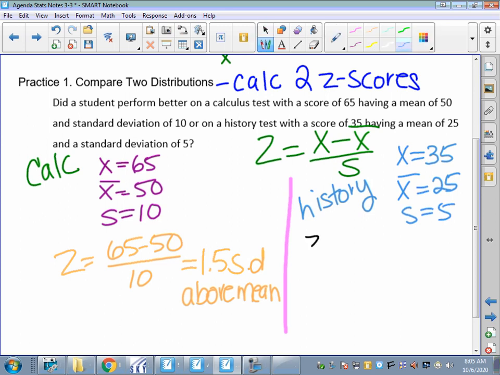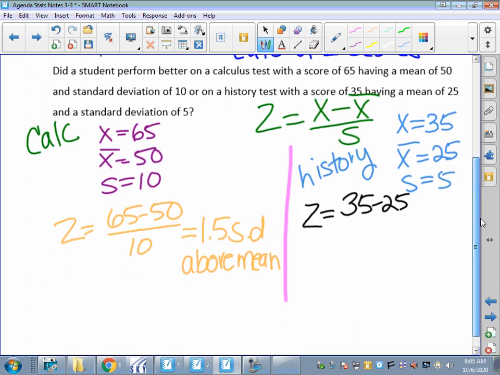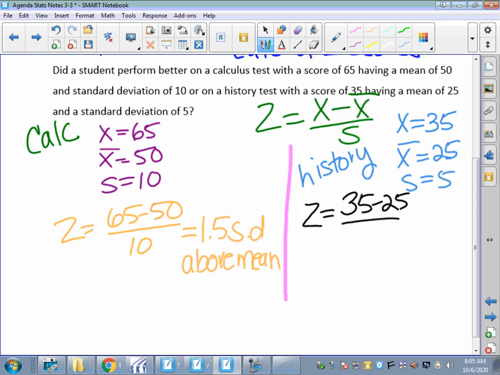So when I plug into my formula, x minus x bar, 35 minus 25, it makes a difference what order you put those in, because we'd have a negative otherwise, and then we would think that we scored below the mean, and we didn't. So you really do have to put your data value minus the mean all over your standard deviation 5. So what is that, 10 over 5? That is 2 standard deviations above the mean.